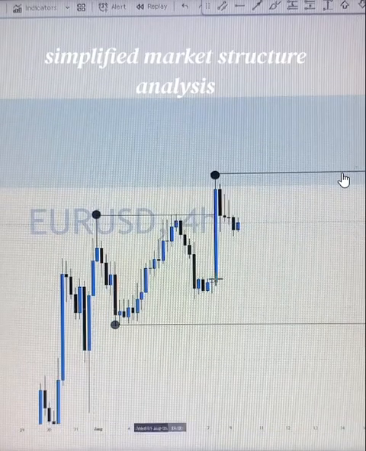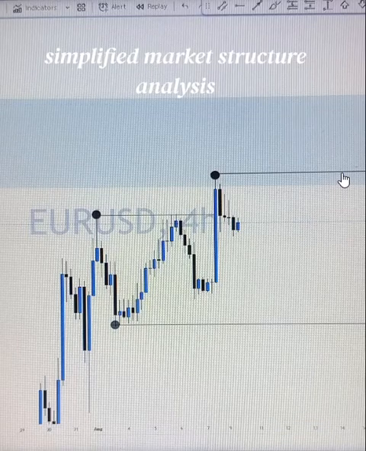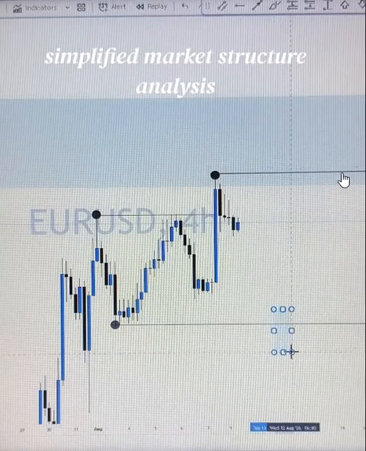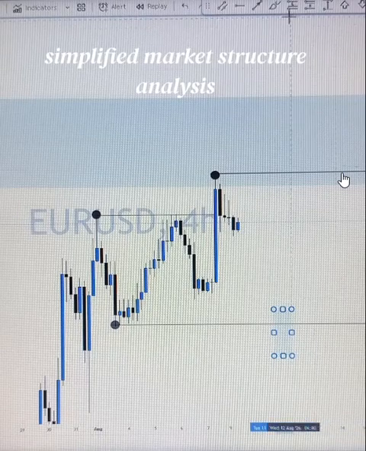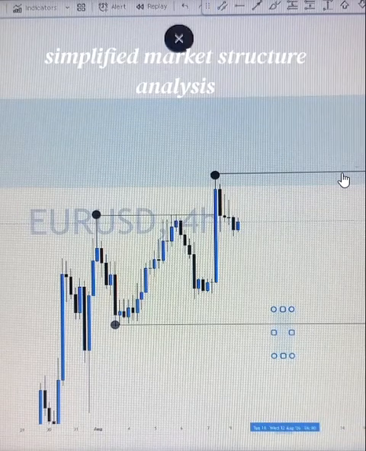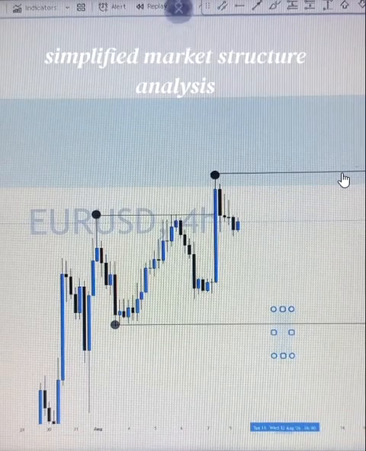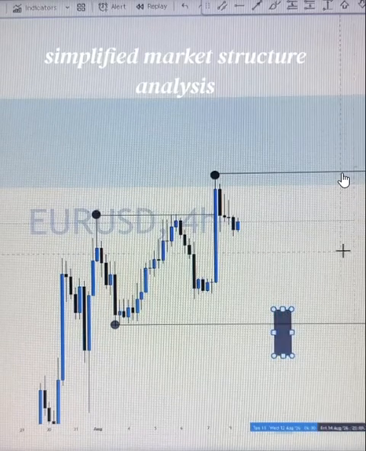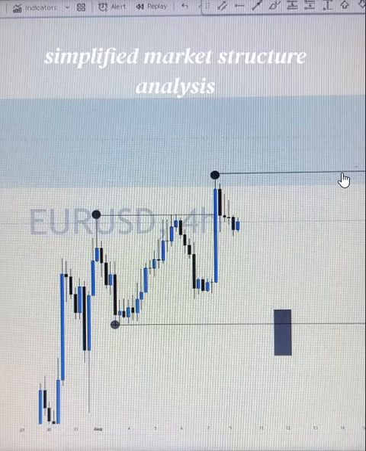So better still, we wait. We wait till we get a candle close below this level. That is what we should do. By doing that, you are waiting for time frame alignment. It's that simple.